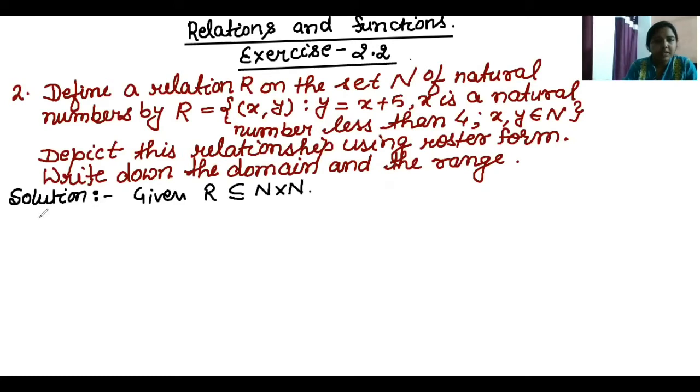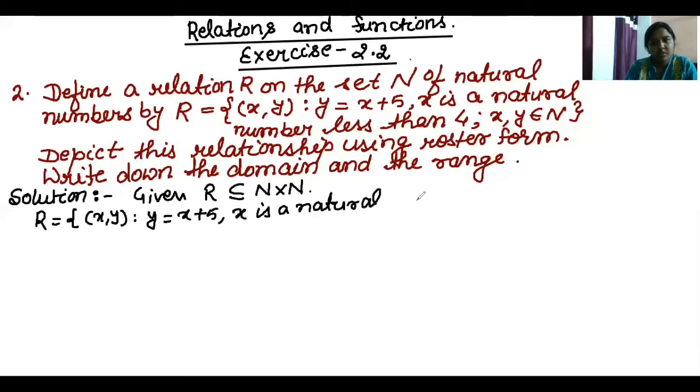According to that, here R is given in set builder form: (x, y) such that y equals x plus 5, where x is a natural number less than 4 and x and y both belong to N. So we will write one by one value of R. So here I am drawing. This is rough part.